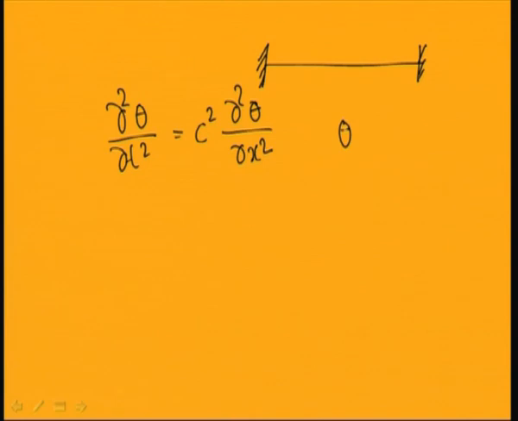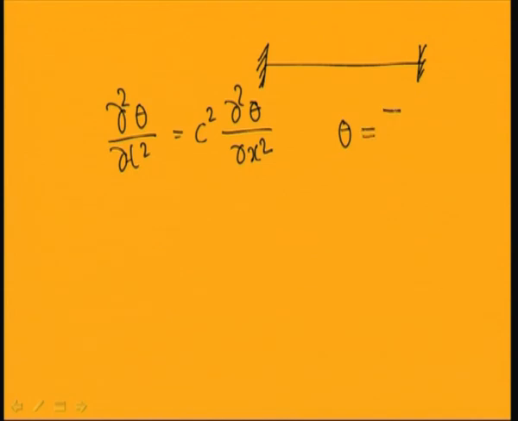In the case of torsional vibration of a rod, the equation of motion can be written in this form: del square theta by del t square equal to c square del square theta by del x square, where theta is the torsional displacement or the rotation of the shaft.